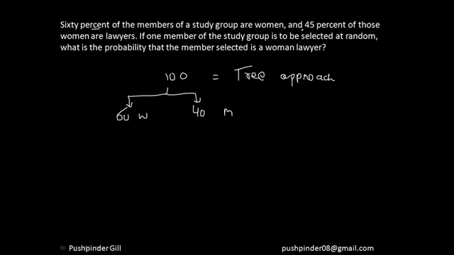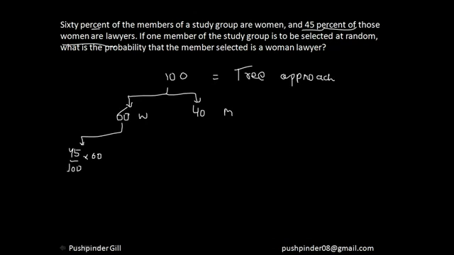Fine. Now 45% of those women are lawyers. That means 45% of these women are lawyers. So 45% of the 60, guys, it's not this 100. So I hope everyone is understanding why I chose 45% of 60 rather than 100, because it's saying 45% of the women, right?